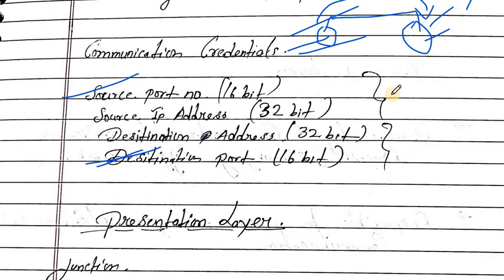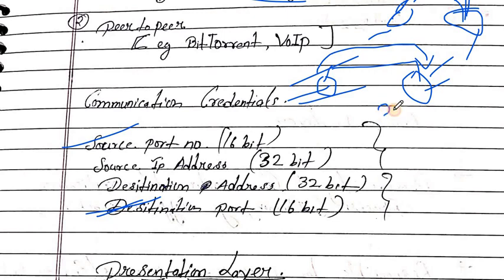Okay, so let's see the example. Let 3 be a port number, and the destination IP address is x. Then 4 is the other port number. So process A is communicating with process B, which is a network communication.